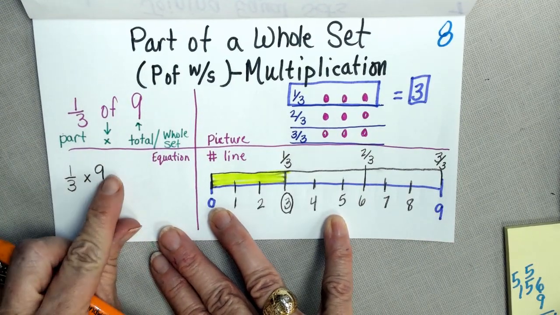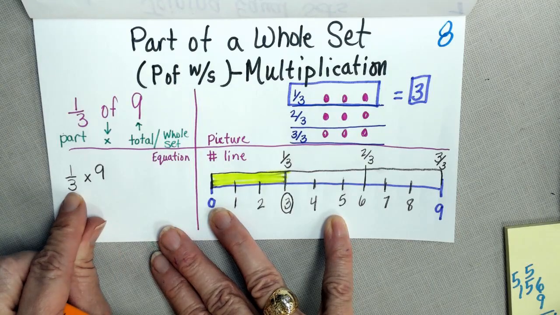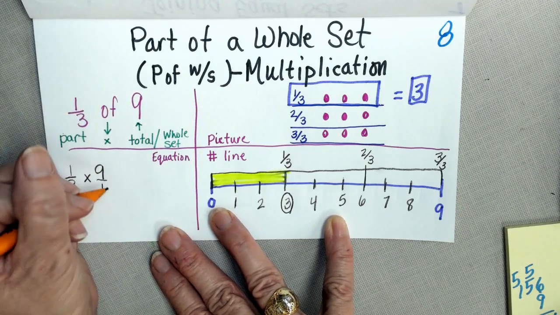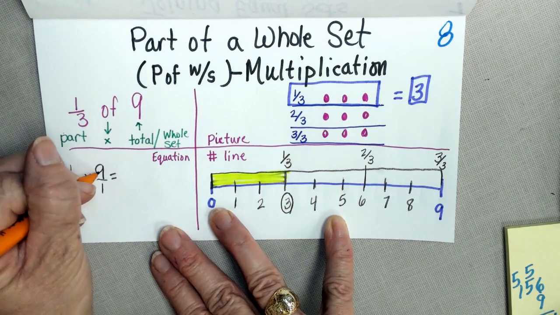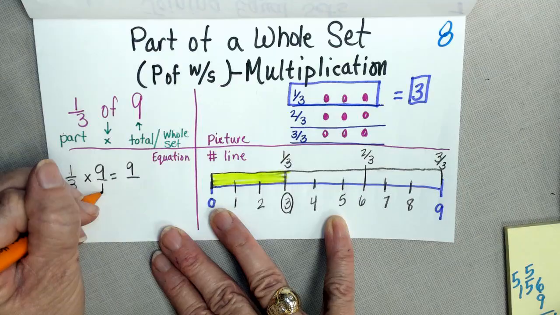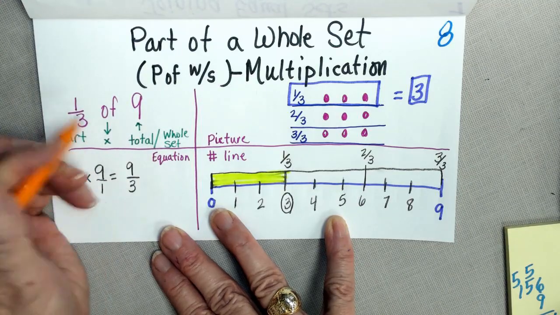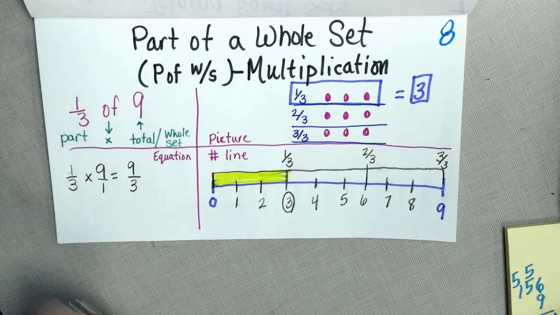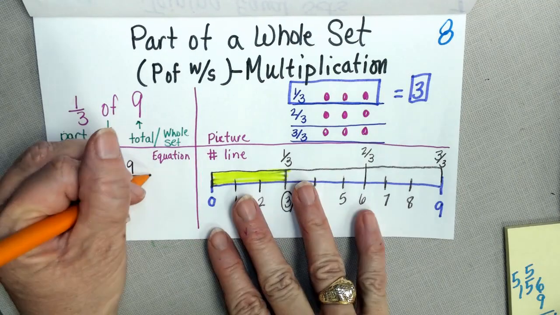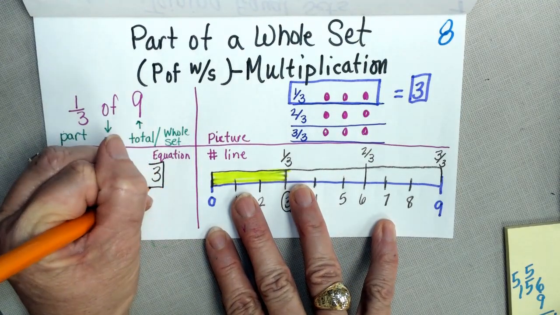And anytime we have a whole number and we're multiplying, we just put a 1 over that number, and we multiply numerator times numerator to get 9, and denominator times denominator to get 3. And what is 9 divided by 3 going to give you, Akarsha? 3. So what is our answer?